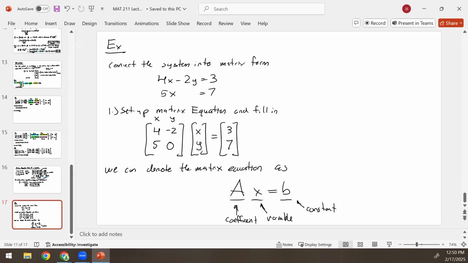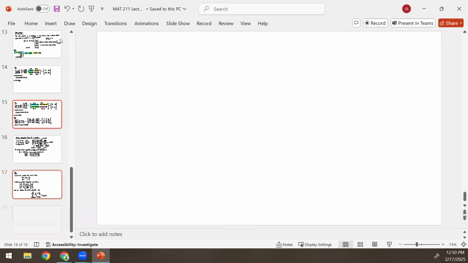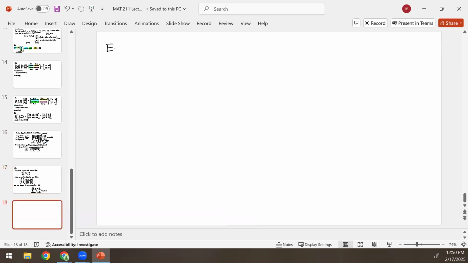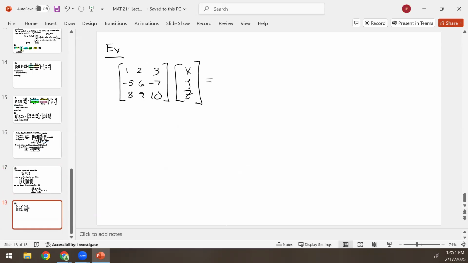And of course, the reverse problem of this is, what if I ask you to simplify? Convert a matrix back into system form. Right? So convert that back into system form.